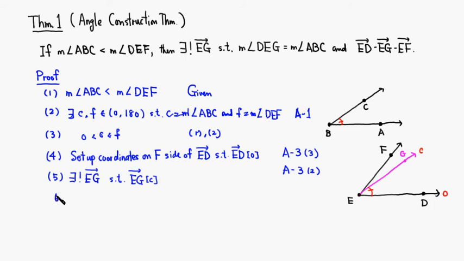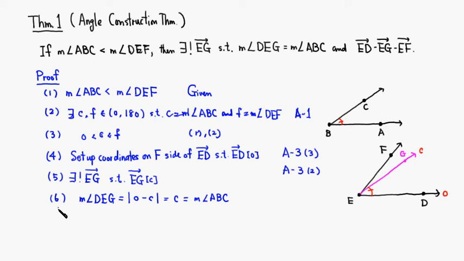So 6: the measure of the angle DEG is defined as the absolute value of the coordinate of ED, which is 0, minus the coordinate of EG, so that's C. And C is a positive number, so this is equal to C, which is the same as the measure of the angle ABC.